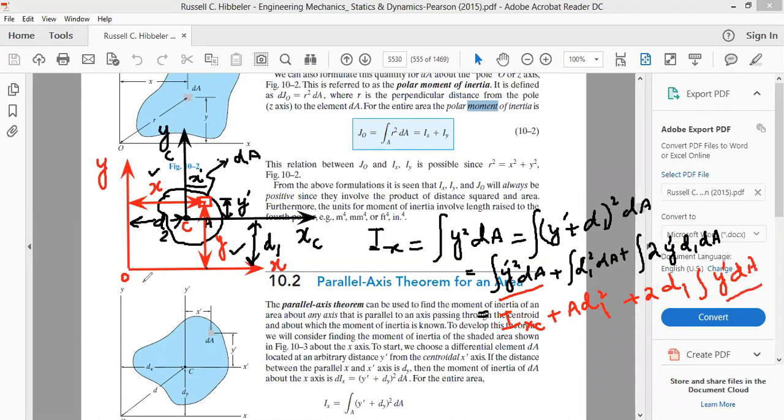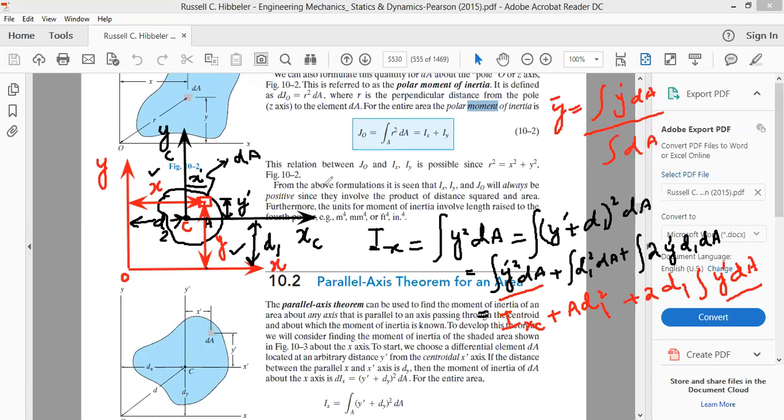If we are asked to calculate the y coordinate of the centroid, it will be equal to the integral of y prime dA divided by the integral of dA.